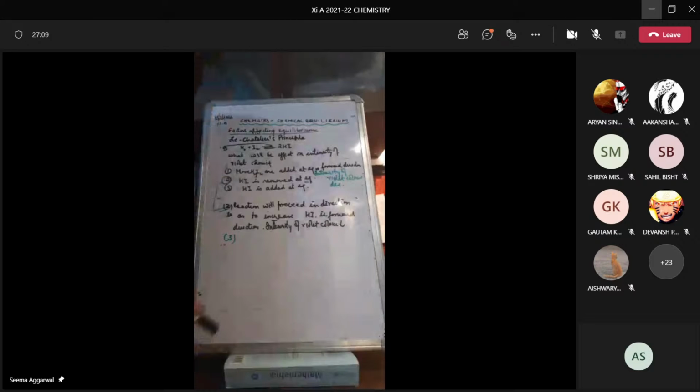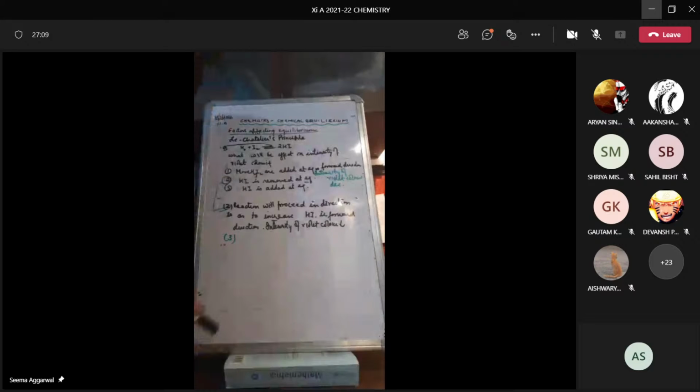Now my question is, first part: what will be the effect on intensity of blood red color if ferric chloride is added to the equilibrium mixture?